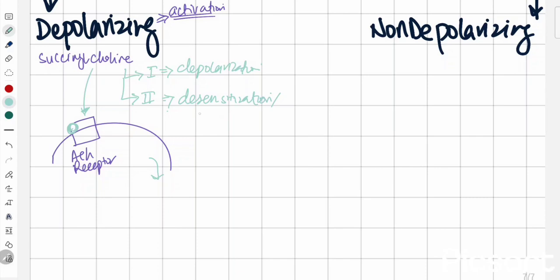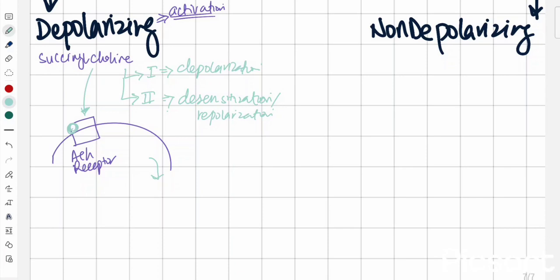First it's going to remain depolarized, but then there will be a time when this succinylcholine cannot work on this postsynaptic terminal, and the postsynaptic terminal is going to get desensitized. That happens in phase 2. Okay, so that is a good concept there.